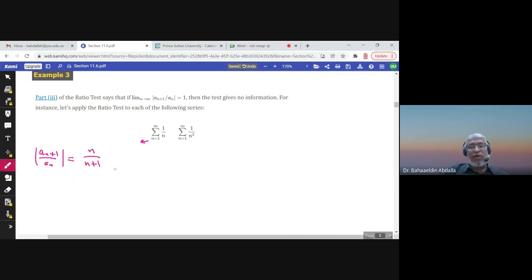Inside the absolute value, there is no need because n starts from 1. And then if you find the limit of n over (n plus 1) when n approaches infinity, taking the highest power, the limit is 1. And when the limit is 1, the test fails.